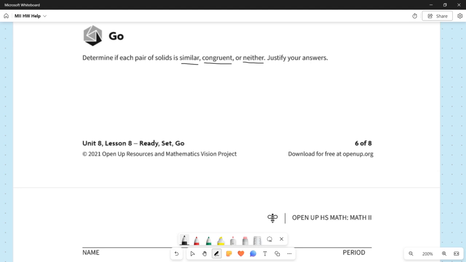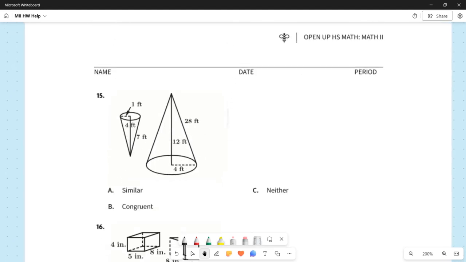Similar means that they are proportional, which means the ratio of the sides is the same, but one of your figures could be bigger or smaller than the other one. But as long as the same proportion is maintained, that means that they're similar. And then if that's not true, then they are neither. Okay, so congruent's identical, similar is proportional, and neither is basically anything else.